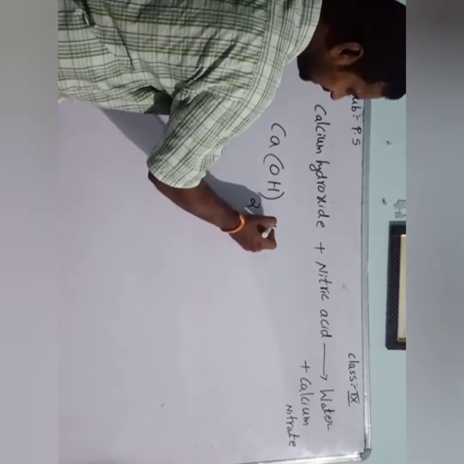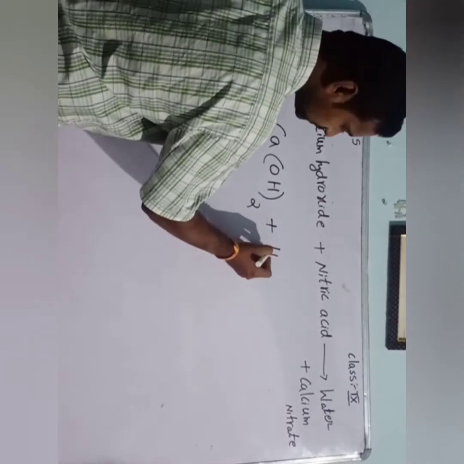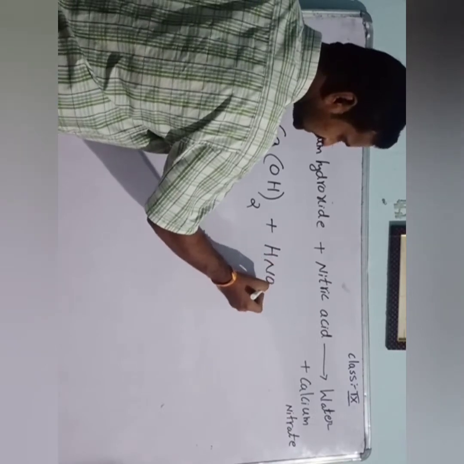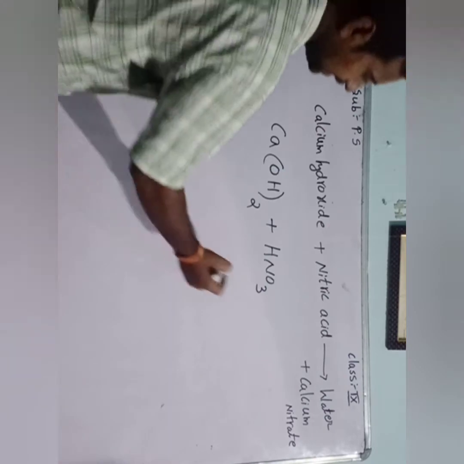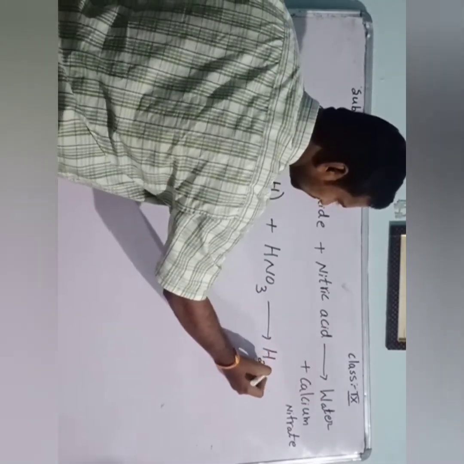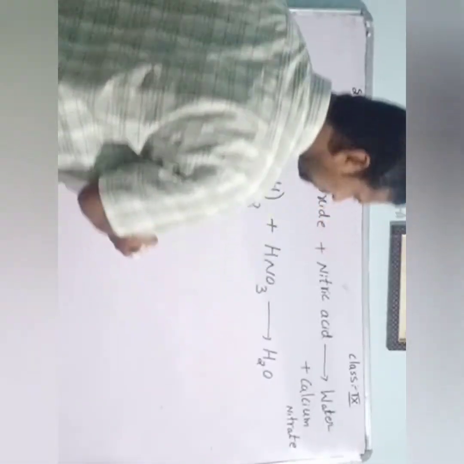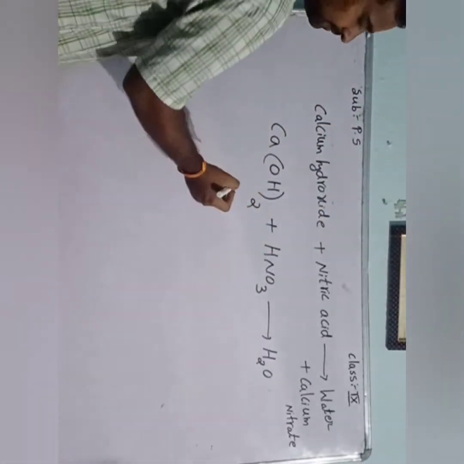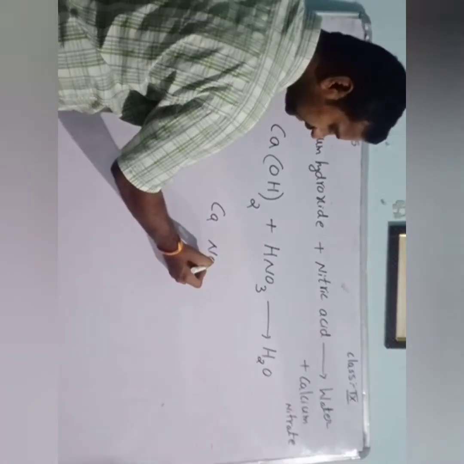And nitric acid, you already know the formula. Nitric acid formula is HNO3. This is the formula for nitric acid, a strong acid. And it gives rise to water. You know the formula already: water is H2O. And calcium nitrate now. Calcium nitrate formula: calcium Ca and nitrate NO3.